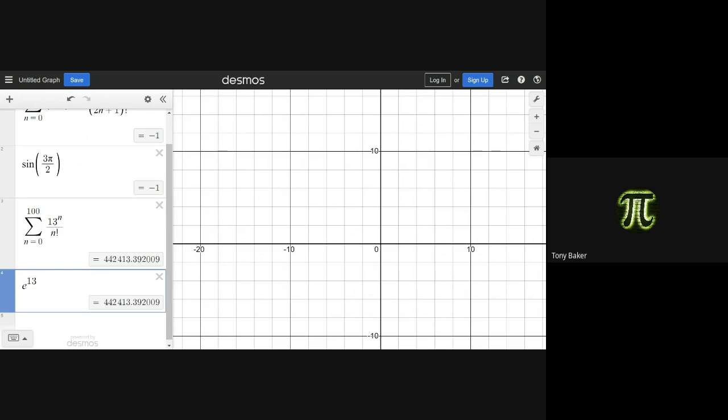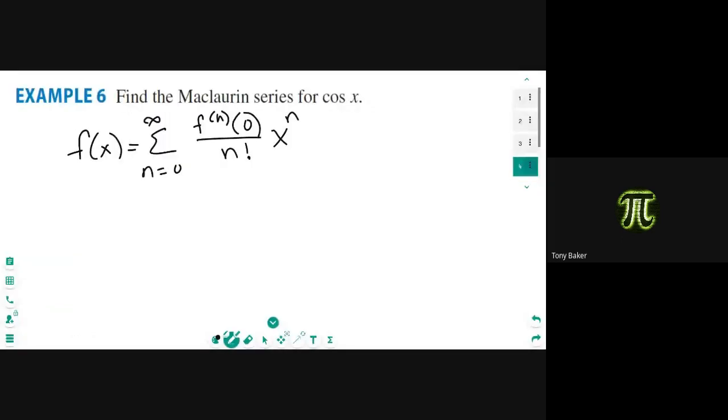All right. So do the first 4 or 5 derivatives for cosine and see if you can figure out a pattern. Oh, I didn't switch back over. Thank you. There we go. Now that I have all this wonderful stuff written down here.